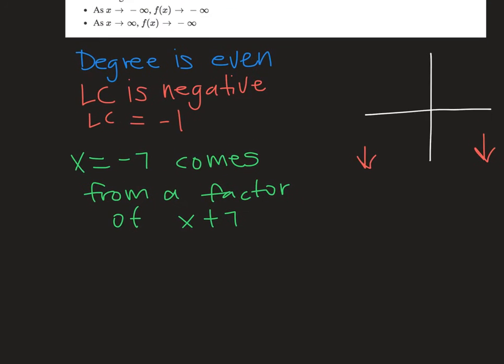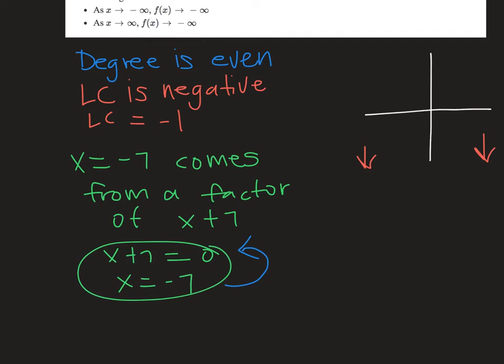So if we set x plus 7 equal to 0, solve for x, we're going to get x equals negative 7. All right, so we're just kind of going the other direction.